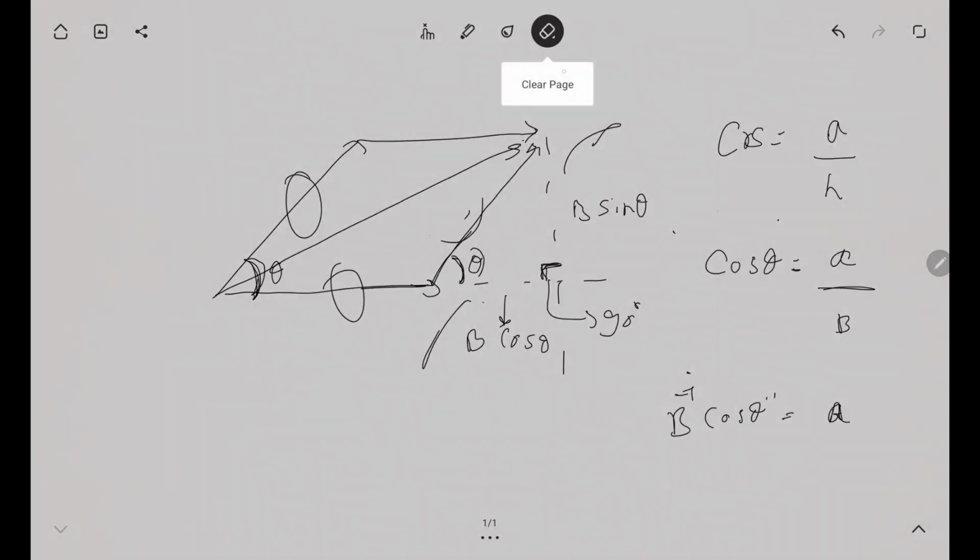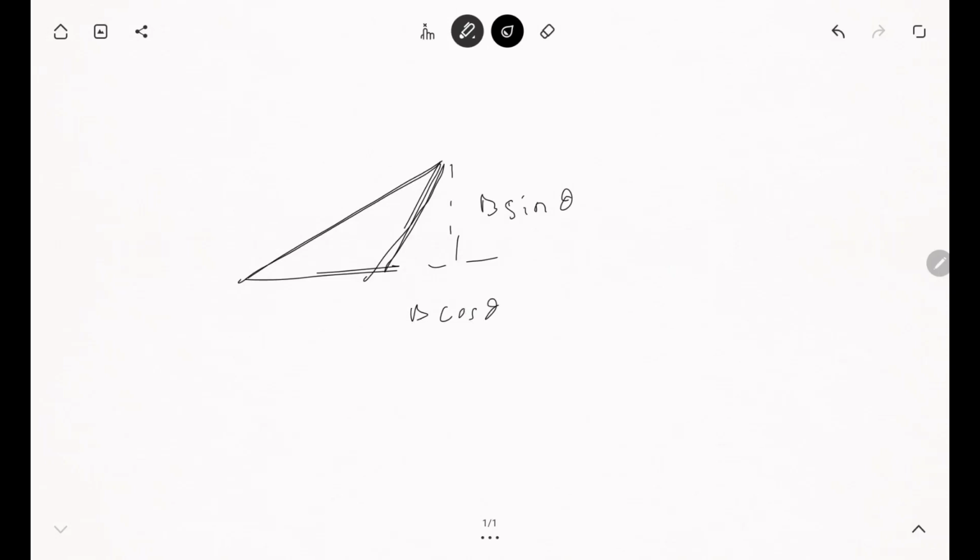So how to get there? We have this, we have this, we have this, we have a constructed. Let me just construct this part too. So this is also constructed. So this is b vector, this is b sine theta, this is b cos theta, this is b.